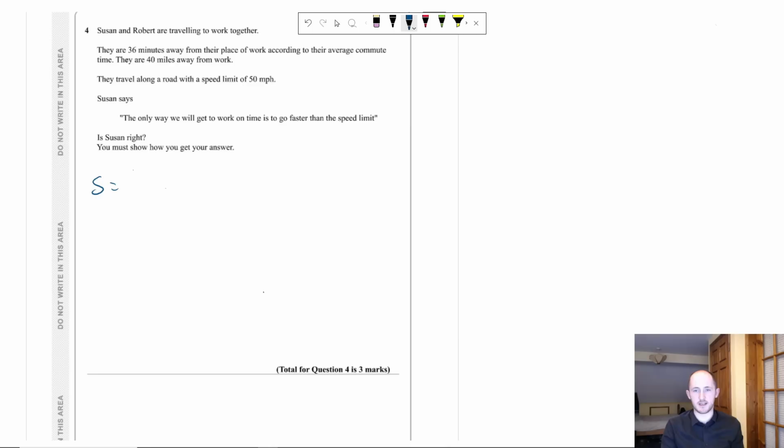So speed is equal to distance over time. We need to change our time into hours, so we do 36 divided by 60 to make it into hours. If we simplify that, divide top and bottom by 12, we get 3 over 5, or 0.6. Again, it is a calculator exam, so feel free to use a calculator, obviously. So that'd be 40 over 0.6.